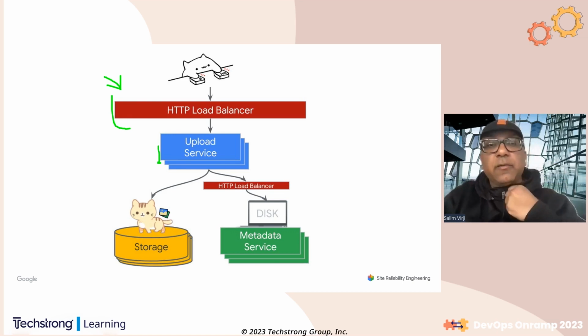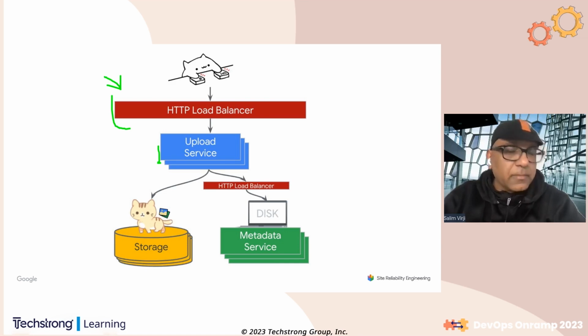It also provides good, efficient use of the resources within your internal ecosystem by spreading load out effectively and, in theory, distributing it equally across all instances of the metadata service, of the storage server.